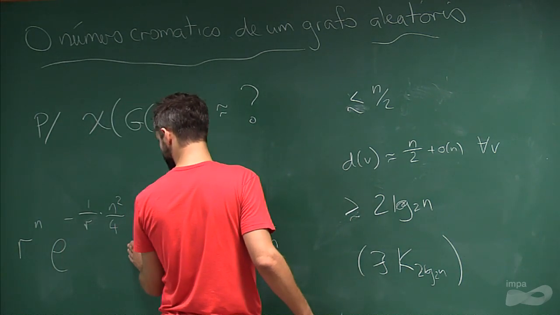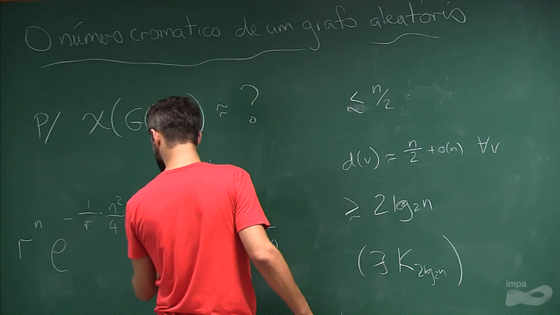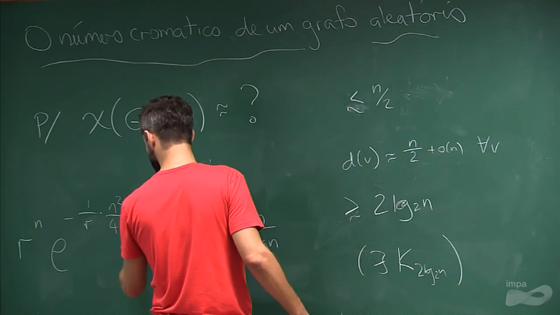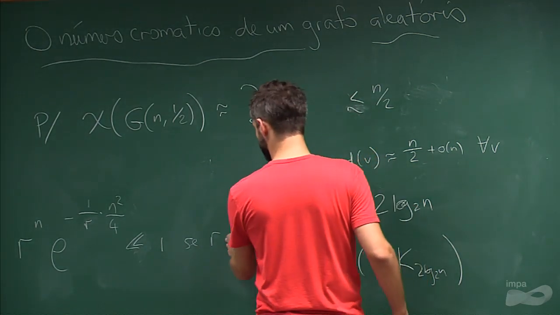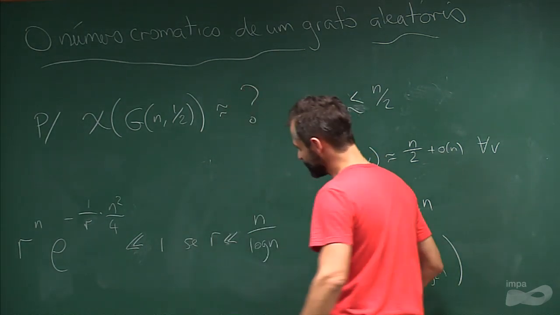Maybe it's small, maybe it's better for it to be small, if R is smaller than n over log n. That's what I mean?